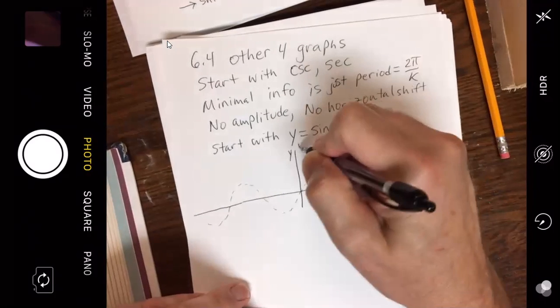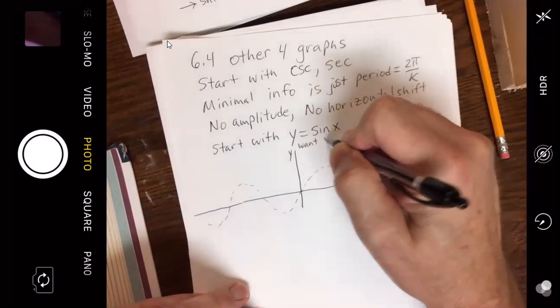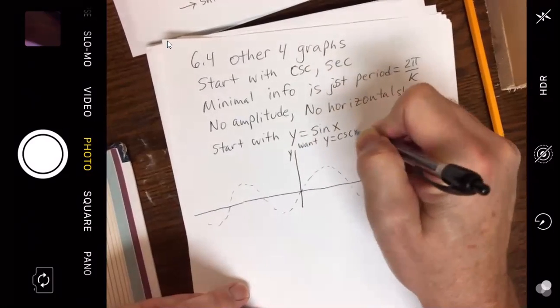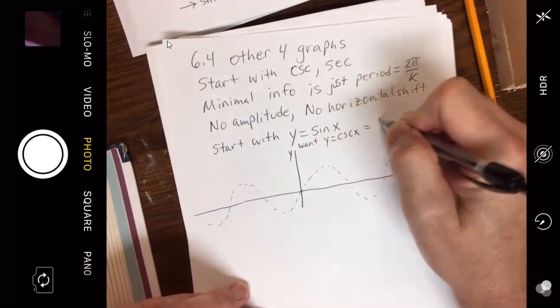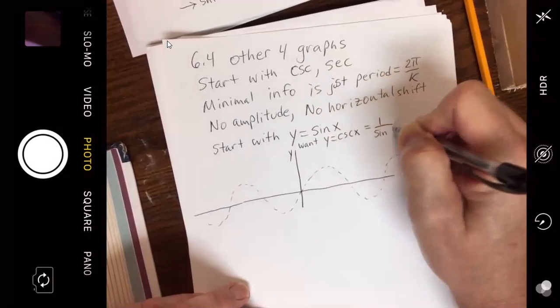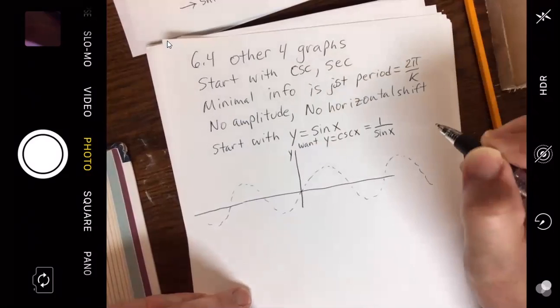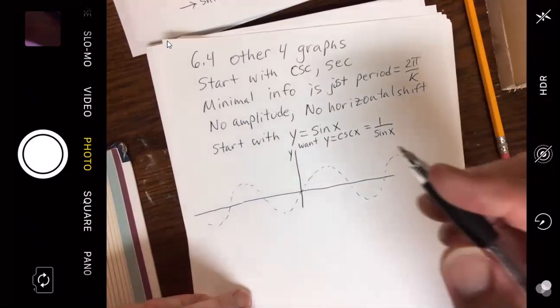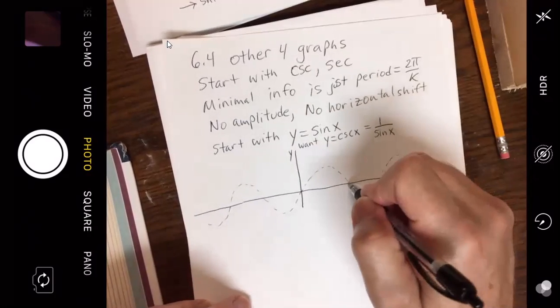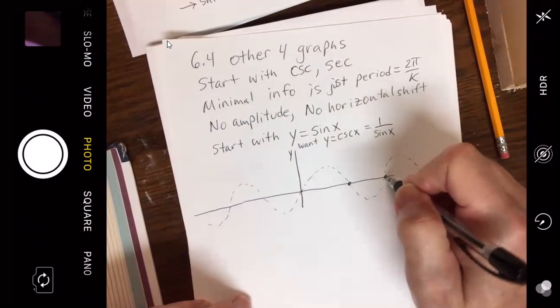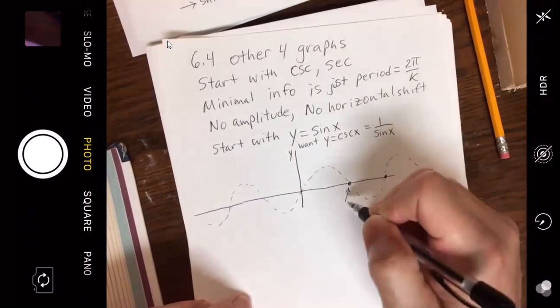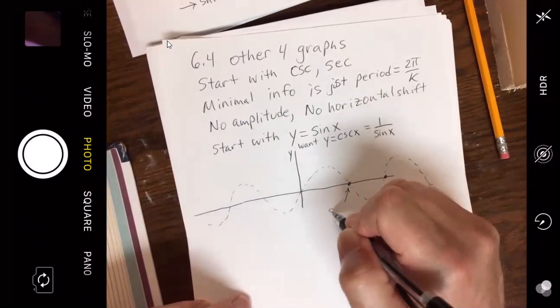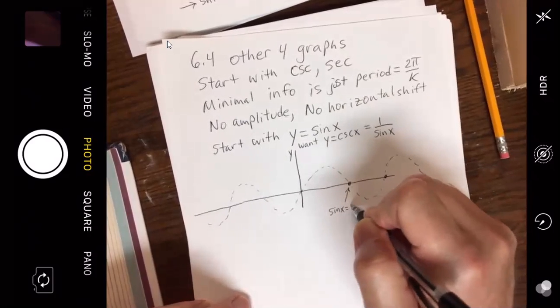We want cosecant of x. That is 1 divided by sine of x. Now, the easiest way to explain this is look at the x-axis. At this point, sine x equals 0.